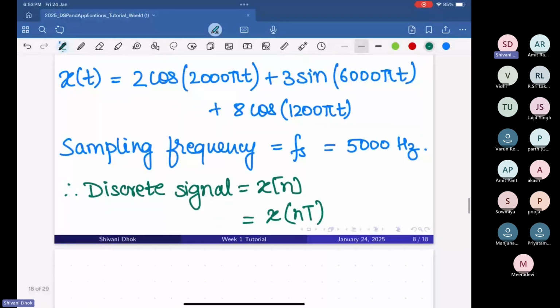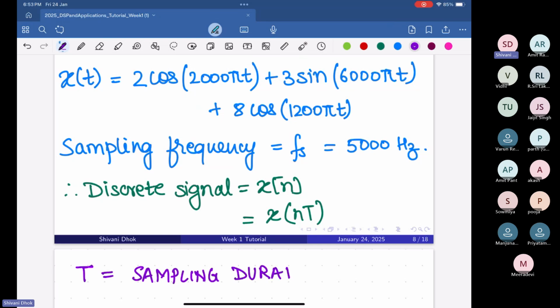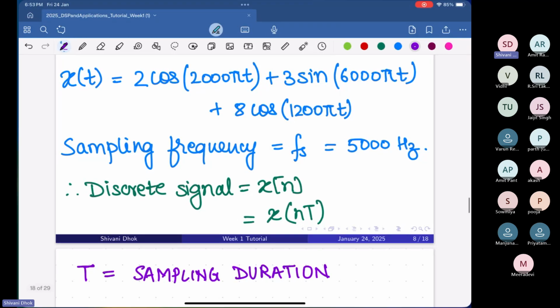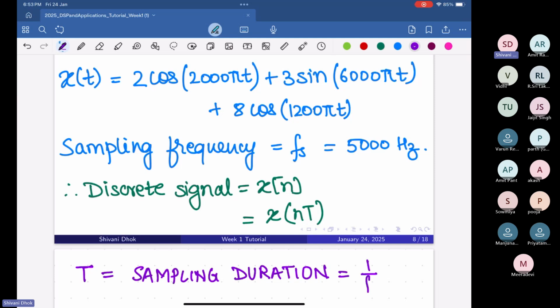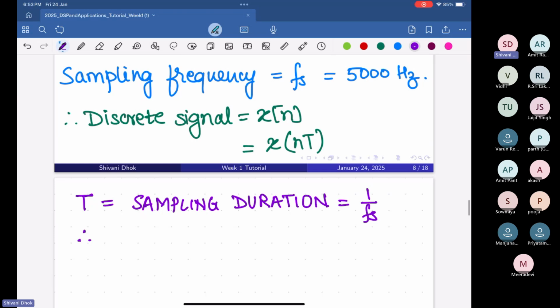This was our given signal, this is the sampling frequency, and this is the discrete signal, and we need to figure out how it looks. Here T is the sampling duration, which has an inverse relation with the sampling frequency, T equal to 1 by fs. Therefore, T comes out to be 1 by 5000.